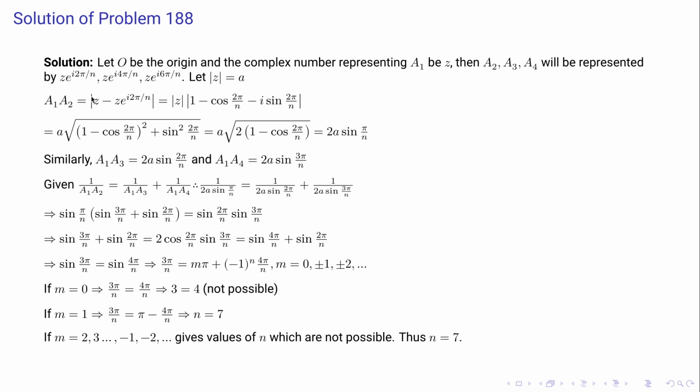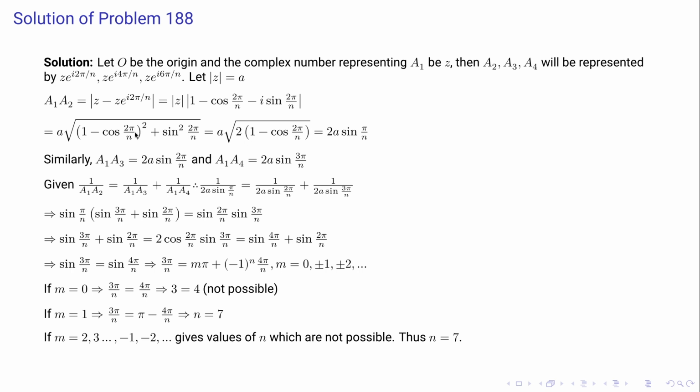So A1A2 would be mod of (Z minus Z e to the power i2 pi by n). That is mod Z into mod of (1 minus cos 2 pi by n minus i sin 2 pi by n). Now, since mod Z we have taken as a, we write that as a. And this we can write as the square root of (1 minus cos 2 pi by n) whole square plus sin square 2 pi by n, the modulus of this complex number.